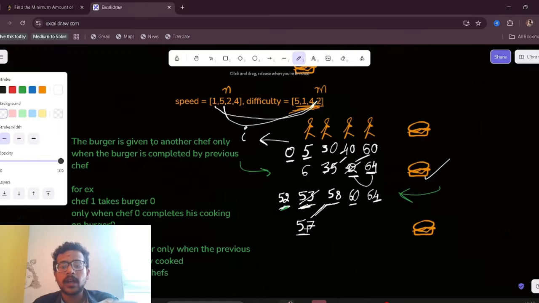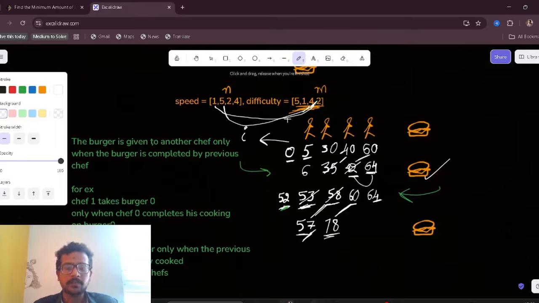Then only I would give him burger 2. So, 58 is the end point for chef 1 on burger 1. So, I would add 5 into 4, 20, to 58. It would be 78. Now, see clearly. Now, 78 is the maximum time.